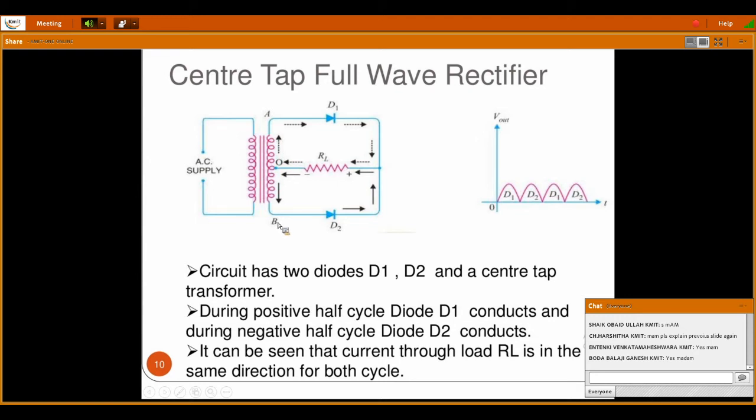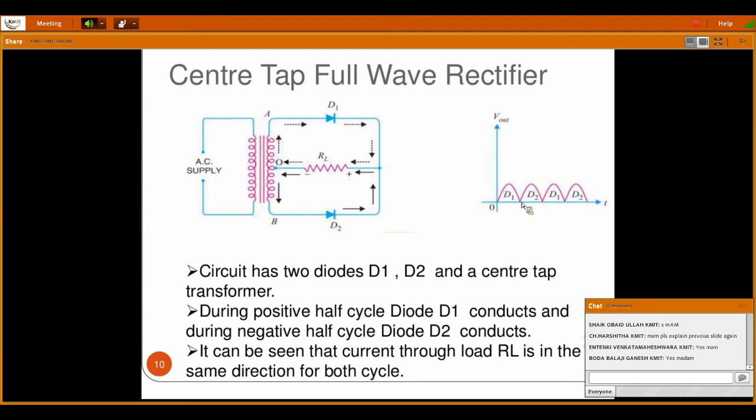Point B is at a negative potential relative to A, so diode D2 is reverse biased. You get the output across the load resistor RL only due to the current flowing through diode D1, and the direction of the current is shown in the circuit diagram. This is the same as our half wave rectifier. So during the positive half cycle, output is equal to input, because of diode D1.